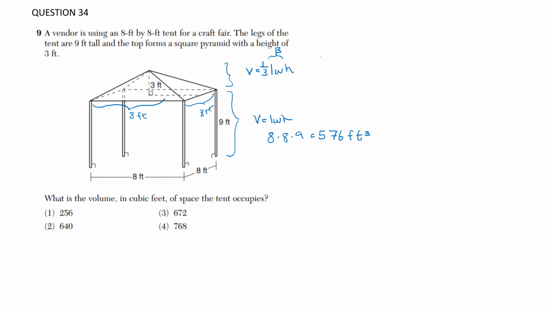So this in turn gives us 1/3, 8 times 8, times our height here of 3 feet. So these 3's cancel out, and that gives us a square pyramid volume of 64 cubic feet. Now we can just add both of these together to get a total of 640 cubic feet. And that's our final answer.